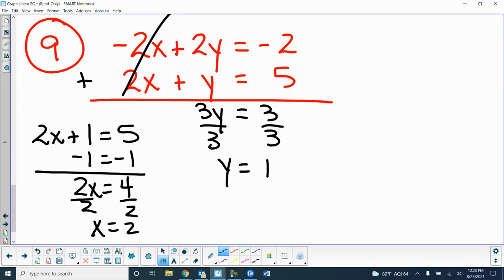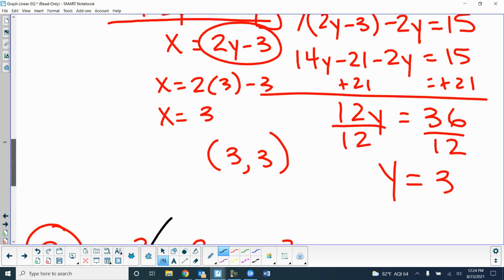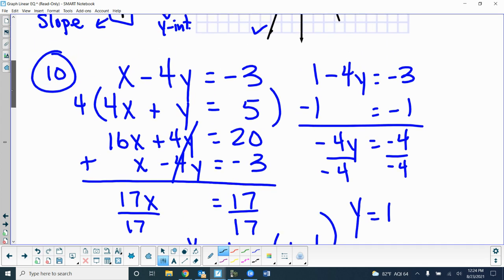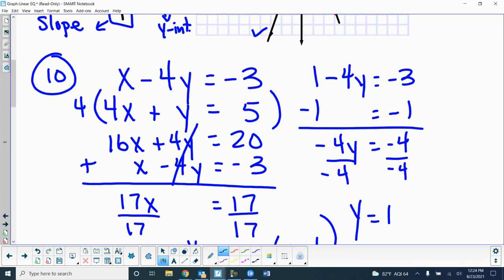I don't know if you can multiply a number, like, how do you do that? Well, if we look at number 12, or look at 10, I guess I already did 10. These were different, so on this one I multiplied the bottom by 4 to get the y's to be the same.